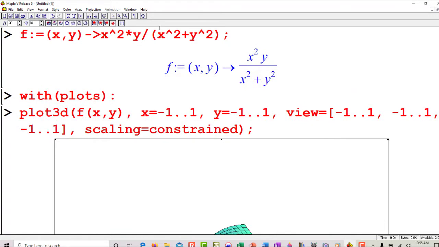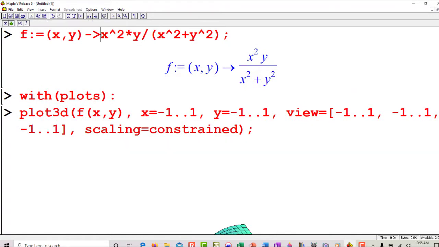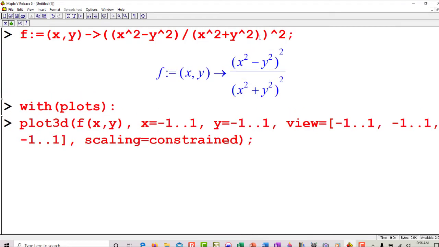I'm going to come up here and change our function a little bit. I take this and square it. There's our function.